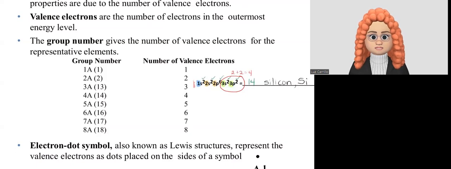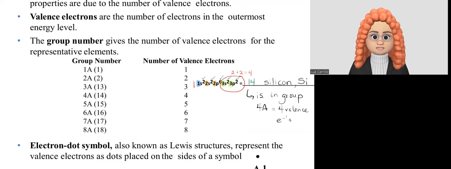So let me just write it down. Since silicon is in group 4A, it has 4 valence electrons. And as you can see, the number before the letter A gives you the number of valence electrons.